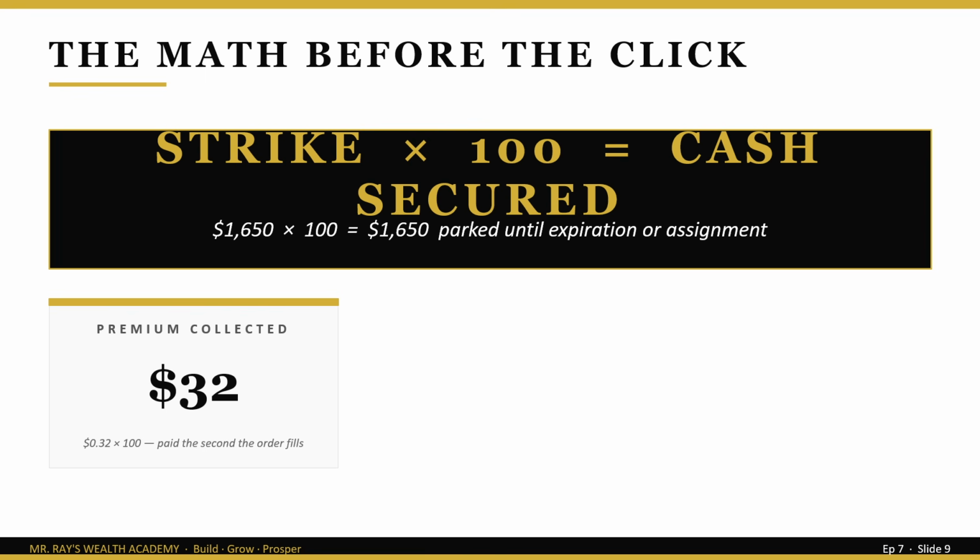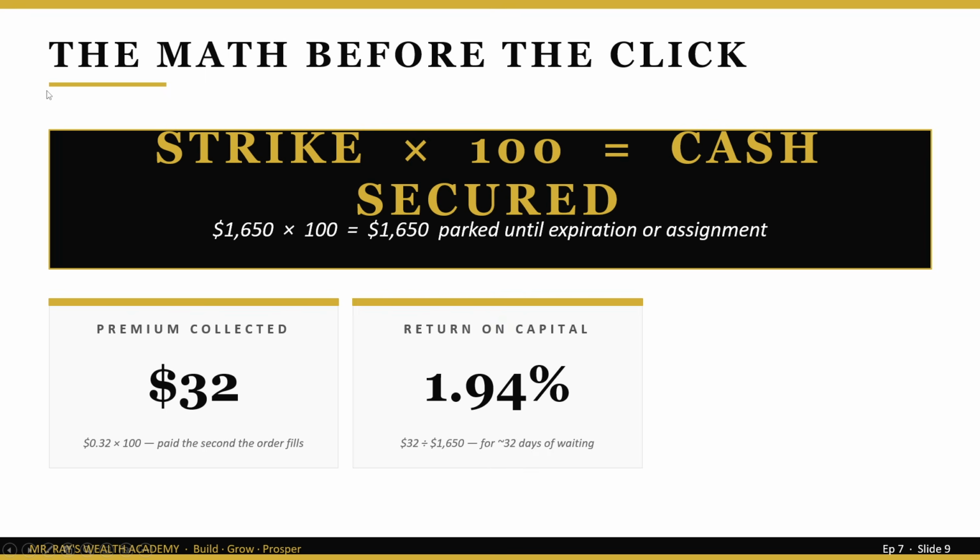And that money has to stay there until you either close the option or you get assigned. And we're going to be shooting for 32 cents premium. So 32 cents times 100, that means your premium you're going to be receiving on this trade is going to be $32. So at $32, you got $1,650 at risk.